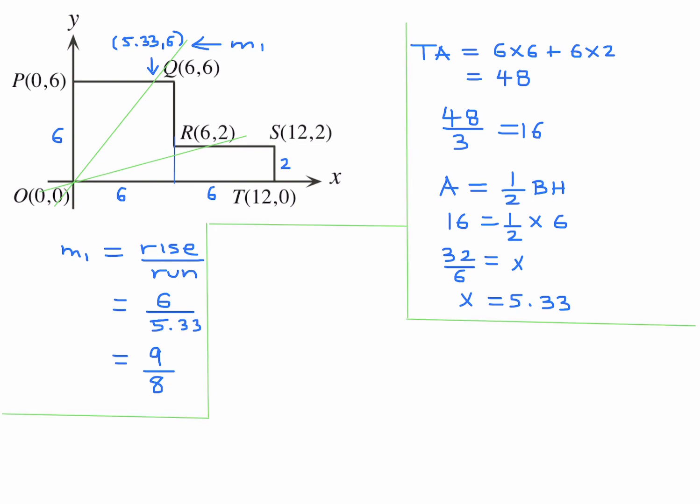So here we go. So now, of course, I'm going to concentrate on this area right here. And I know that has to equal 16. So 16 is equivalent to 1/2 base times height, which in this triangle, I'm going to have to label some things here. So this little distance from there to there, I'll label that y.